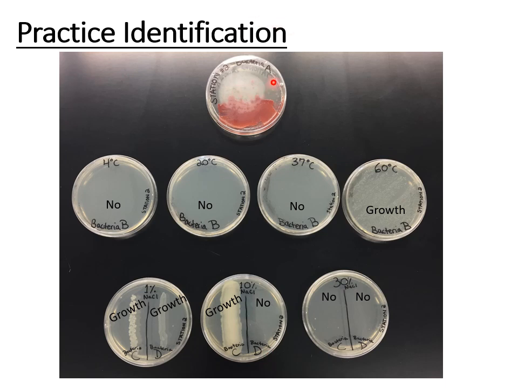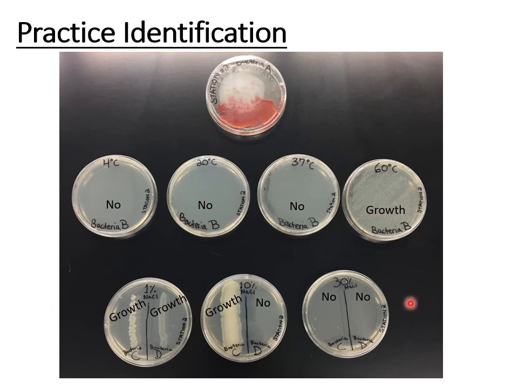So here we have bacteria A, and that is the reddish growth there. Here, all 4 of these plates are bacteria B, and we have the temperatures 4, 20, 37, or 60 degrees Celsius, and I wrote whether there was no growth or growth.